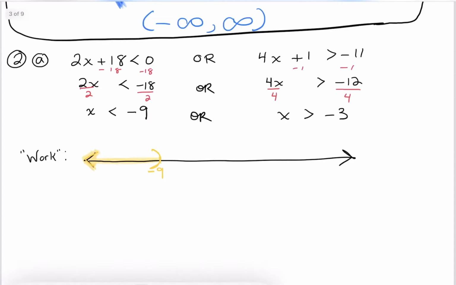Then let's say negative 3 would be somewhere over here to the right. The second one is saying x is greater than negative 3, so this would be shading everything to the right of negative 3, again not including the negative 3, so either open parenthesis or open circle. Now, with the word or, we should be thinking to ourselves, or means union, means take all of it.